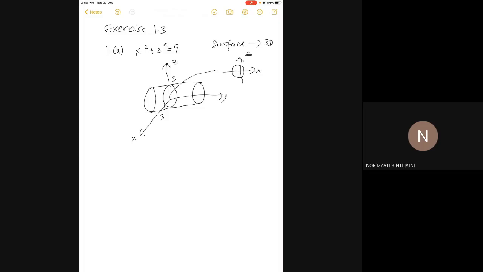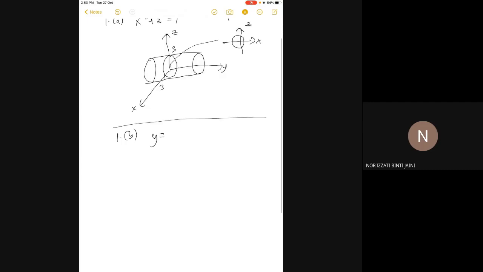Okay, let's see 1B. Okay, one more thing for sketching. If you come across a question with square root, the square root means half of original surface. Any square root means it is half of original surface.